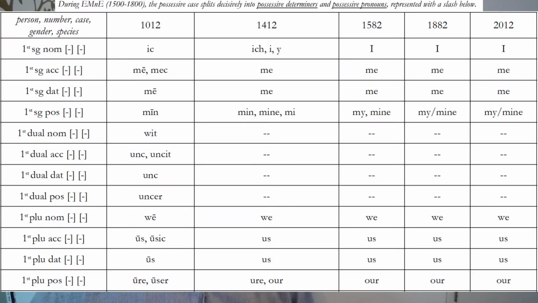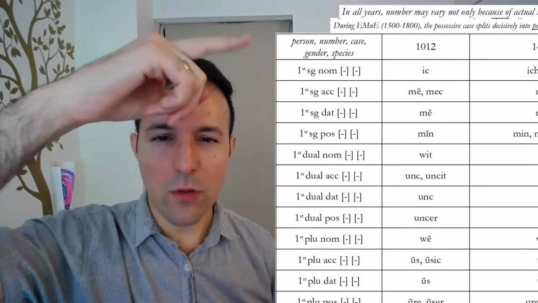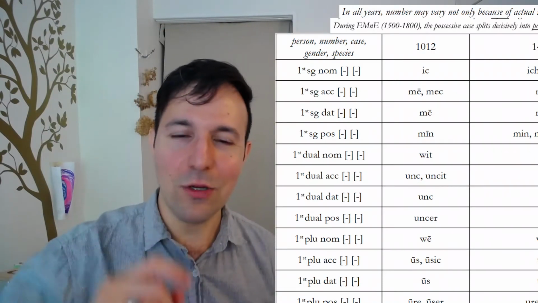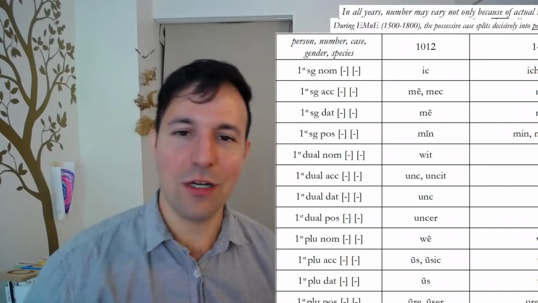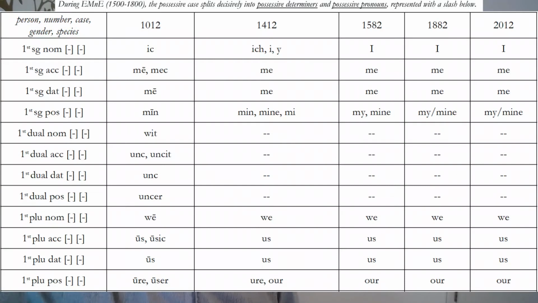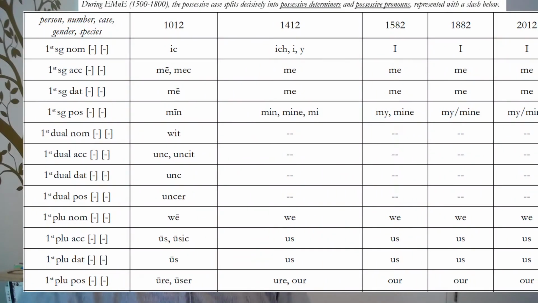And you'll see here I've organized all of my pronouns by person, number, case, gender, and species. So let's take a look at the first person singular nominative. If we look here at the first person singular nominative, I'll just move the slide a little bit so I can point. The first person singular nominative, we see that the Old English version of I was ic, right?